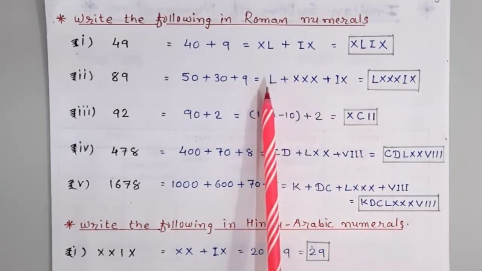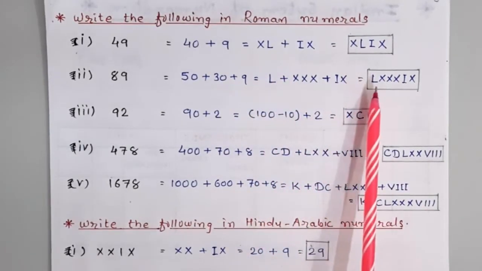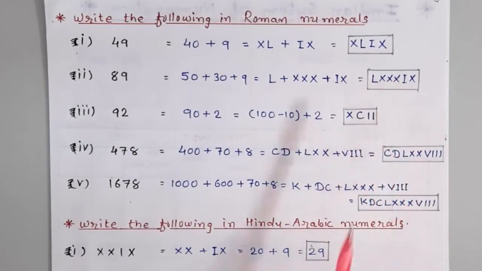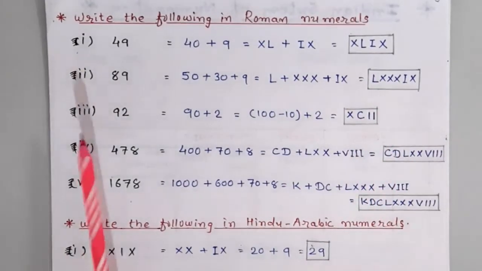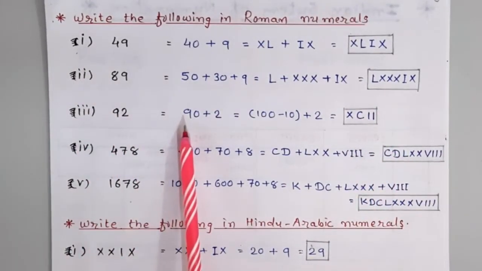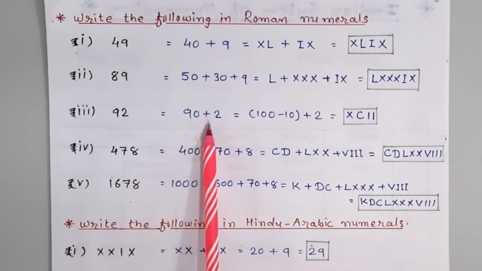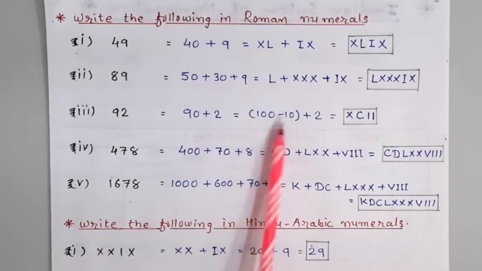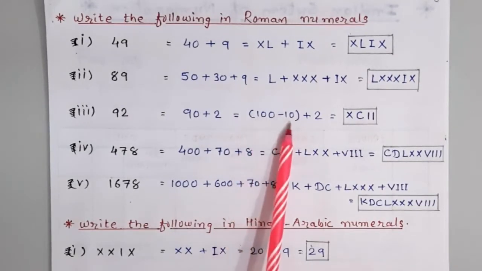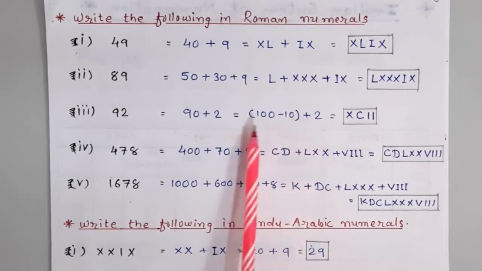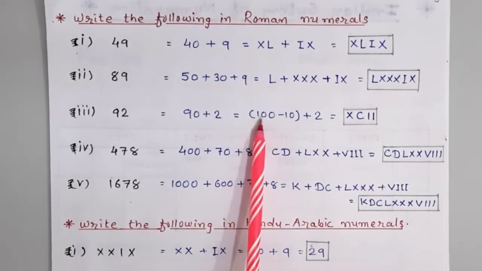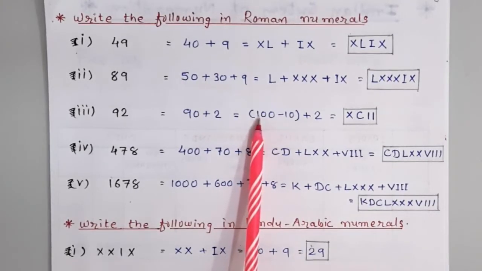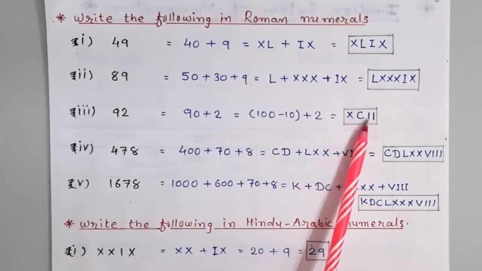Now write all these together: LXXXIX. 92 can be written as 90 plus 2. 90 can be written as 100 minus 10, plus 2, like this. Now XCII.